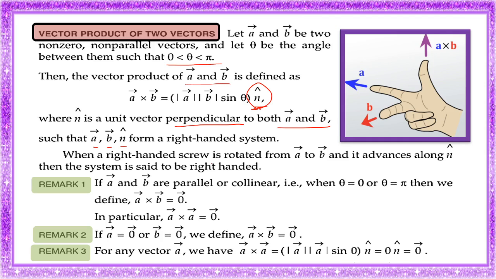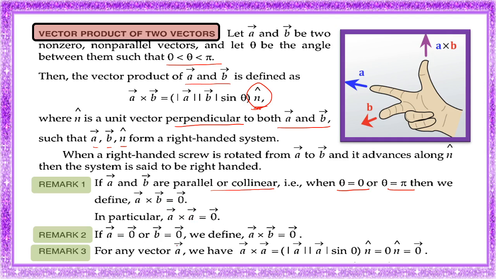And now again we have a few observations. If vectors A and B are parallel or collinear, when theta is equal to 0 or theta is equal to pi, then we have A cross B equal to 0. And in particular, A cross A, when we have B equal to A, then definitely it is 0.